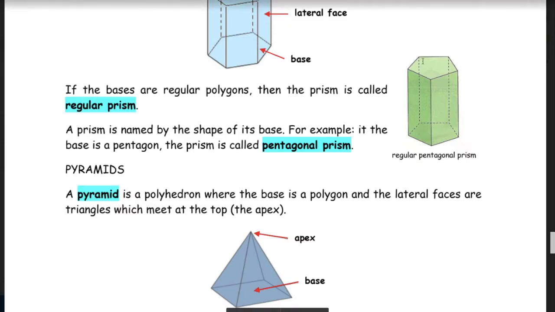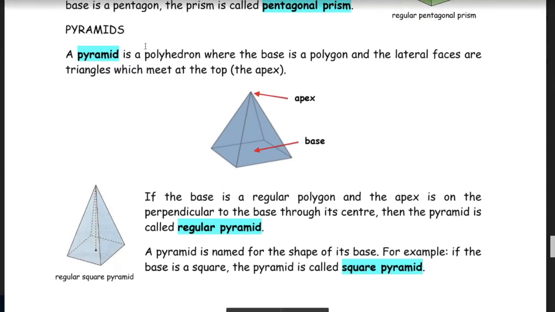So this base of the prism is a pentagon, which we know has 5 sides. So the base is a pentagon here and here, connected by all of these rectangles. So because the base is a pentagon, we call it a pentagonal prism.